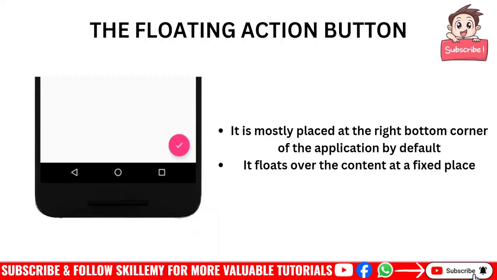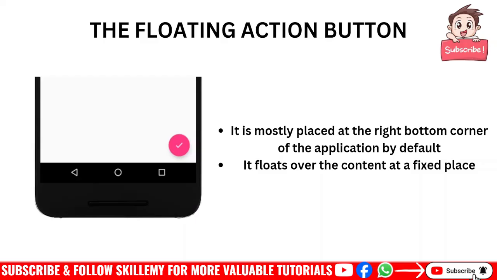In your mobile phone, you must have seen that while using different kinds of applications, you have a small icon on the right hand side bottom corner of your phone. There you might have an option, let's say, of adding something, or you might have an option of a tick.